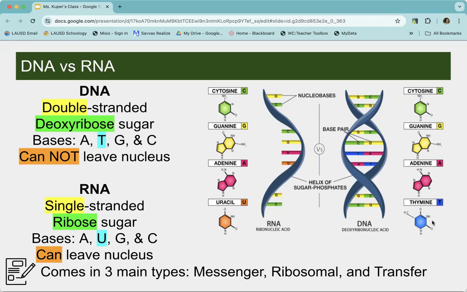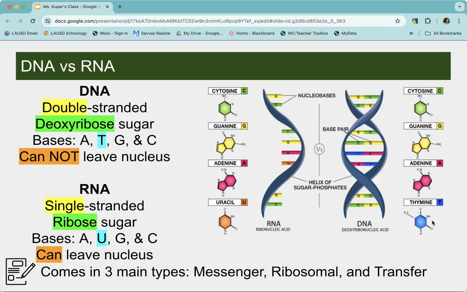DNA has those 4 nitrogenous bases: adenine, thymine, guanine, and cytosine, ATGC. RNA also has 4 nitrogenous bases, but it doesn't have thymine. It has adenine, uracil, guanine, and cytosine.